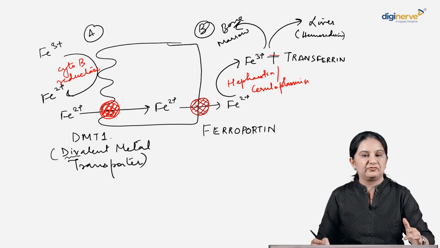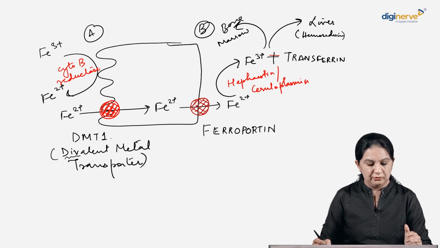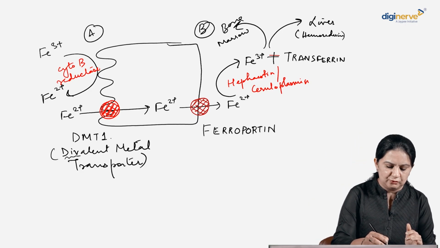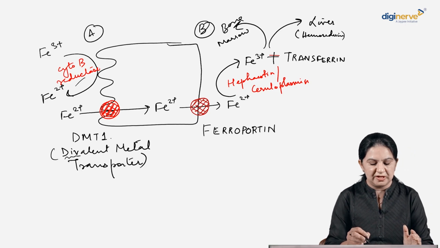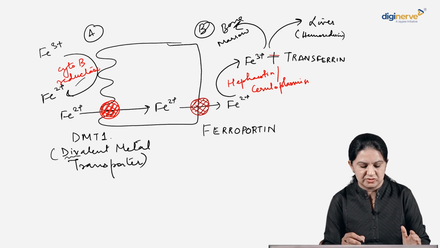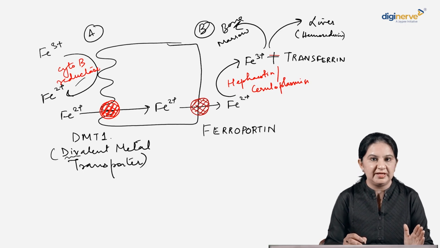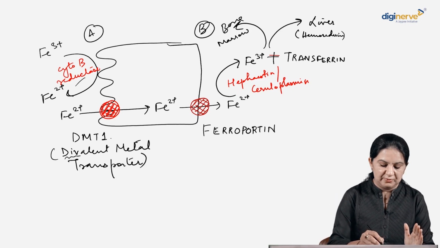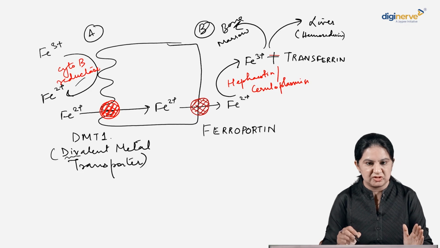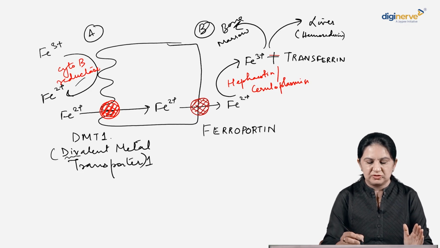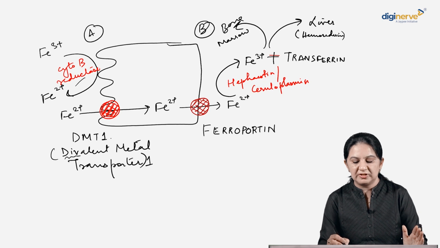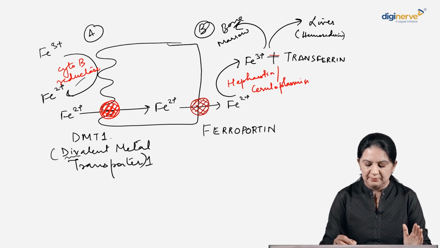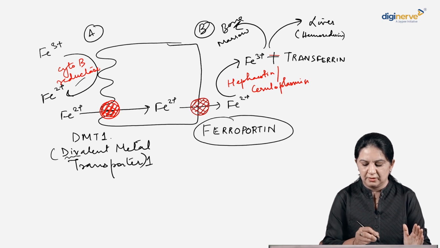So ferric from the food will be converted to ferrous by cytochrome B reductase. Why? Because this ferrous iron has to be absorbed into the duodenal enterocyte, which happens only in divalent form with the help of DMT1, divalent metal transporter 1. All right. So this iron is then taken out of the cell into the circulation with the help of ferroportin.